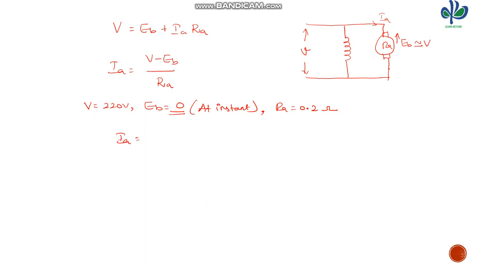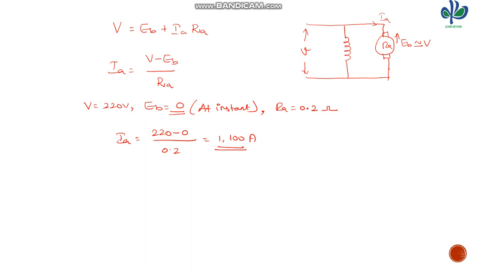IA is equal to 220 minus 0 divided by 0.2 ohms, which is about 1100 amps. But our machine can take only up to 20 amps. So we can see here the starting current: at the instant, it draws 1100 amperes.